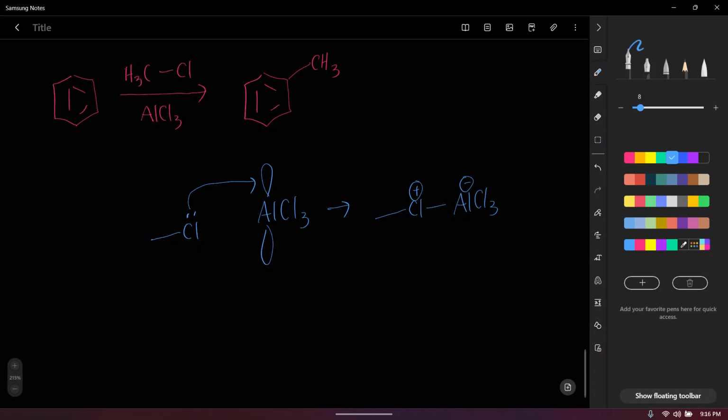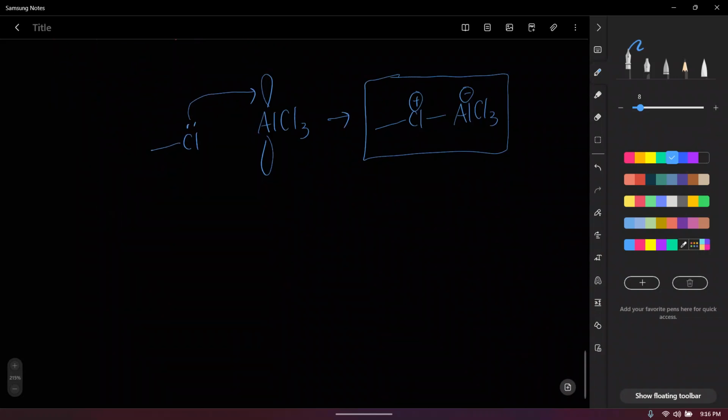Okay. Right? And remember, this is my hot electrophile. So then, step 2 is benzene attacks. So benzene attacks, leaving group leaves.